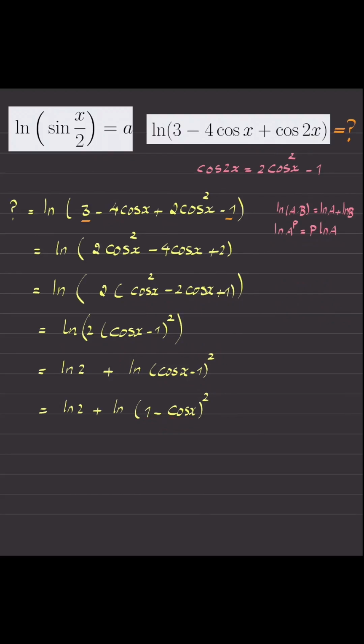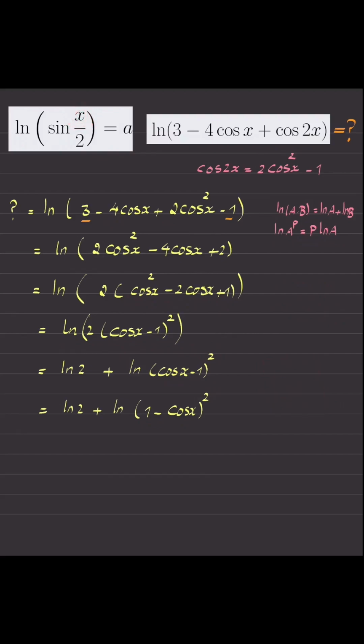The problem guarantees that x is a value for which this is defined. You see, 1 minus cosine x could in principle be 0, and this would cause a problem because ln of 0 is not defined. But that is not a problem: if cosine x equals 1, then x is an even multiple of pi, and then sine of n pi is 0 and ln of 0 is not defined.